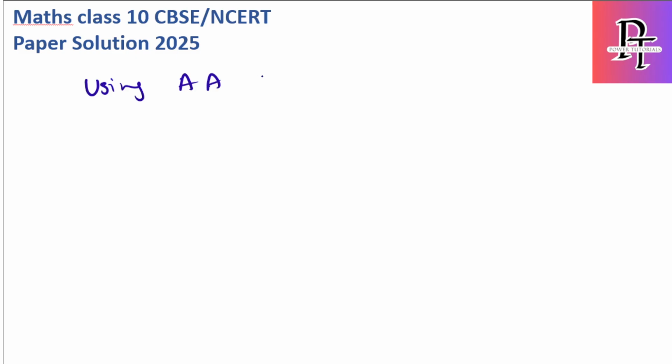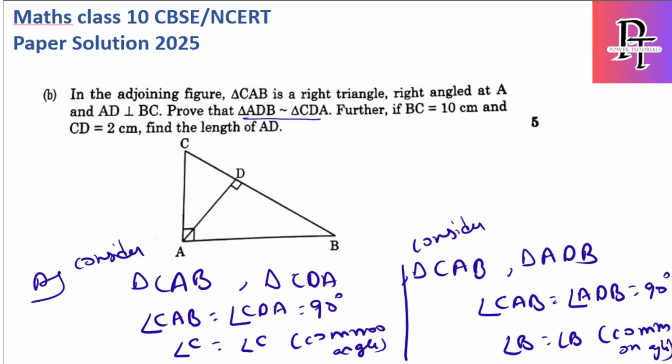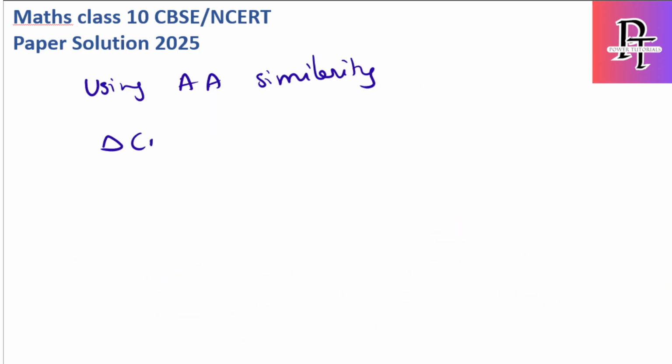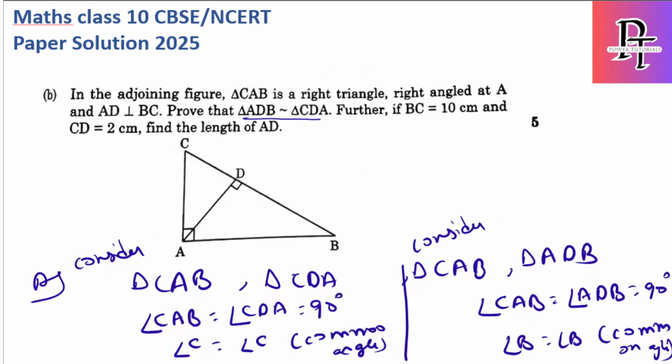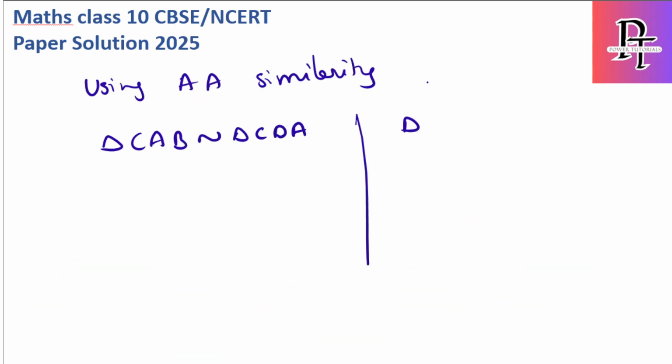Using AA similarity, I can say triangle CAB is similar to triangle CDA, whereas triangle CAB is similar to triangle ADB.